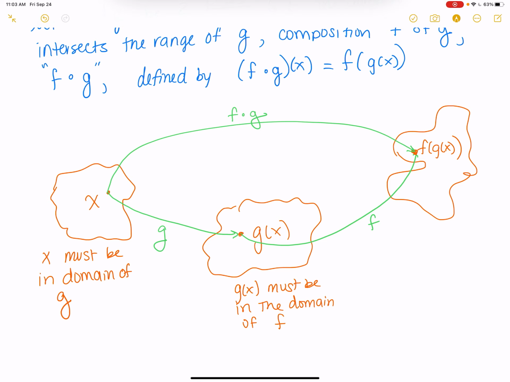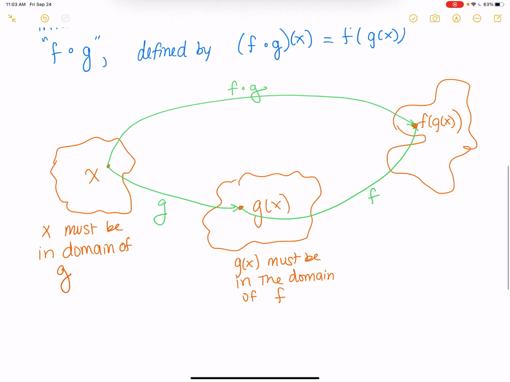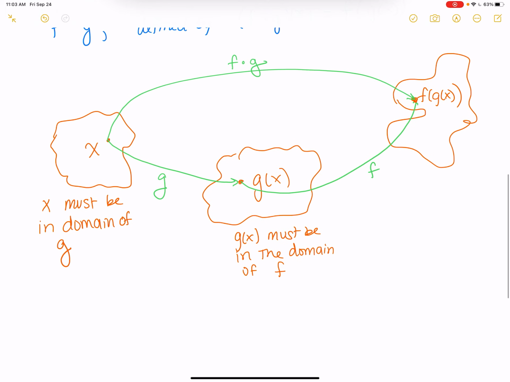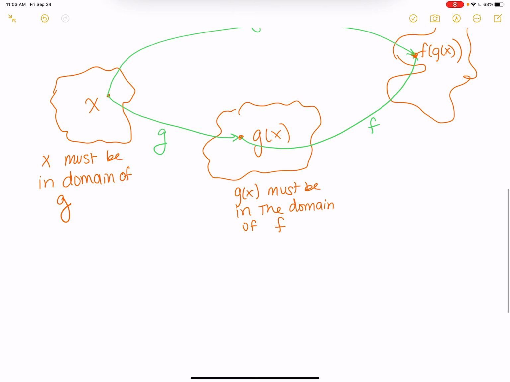And I promise if this is confusing, it will make more sense once we do some examples. You may want to pause this here and get this picture down. I'm going to keep going just so that the video is not ridiculously long, but if you didn't get it down, you may want to pause the video here and do that.